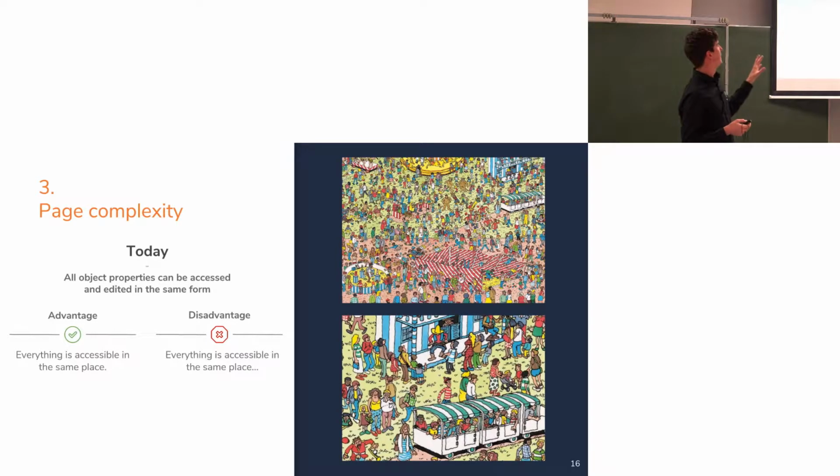It would be easier to find Waldo if he was located in a smaller room with fewer people around him. It's the same for parameters in the directives form. It could be easier to find them if they are located in other categories.